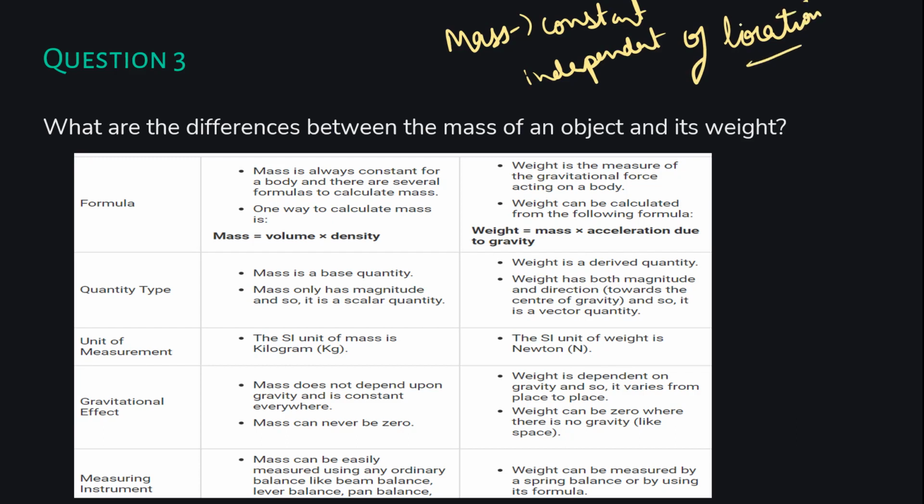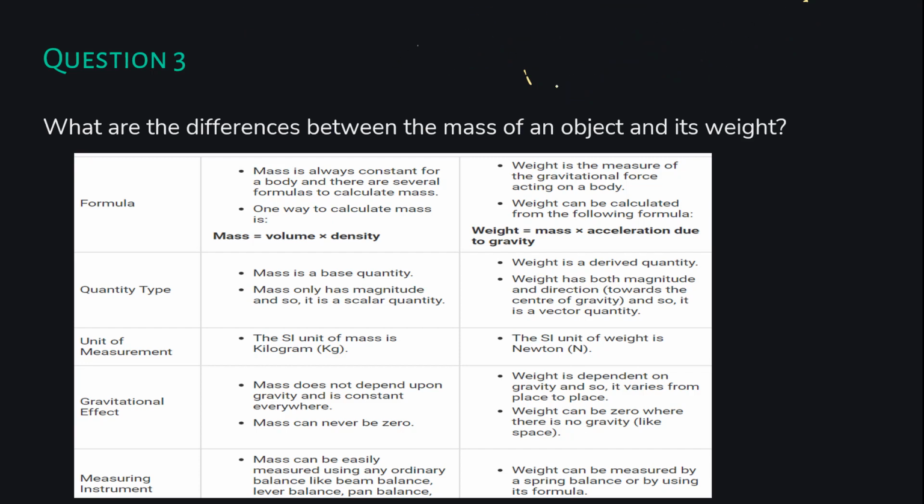If we are on Earth, on the Moon, on Mars, on Jupiter, anywhere, your mass is not dependent on your location. Your mass is constant. But your weight is dependent on location. It varies, correct? Because why is it so? Because your weight is equal to m into g, and your g is different everywhere, right?